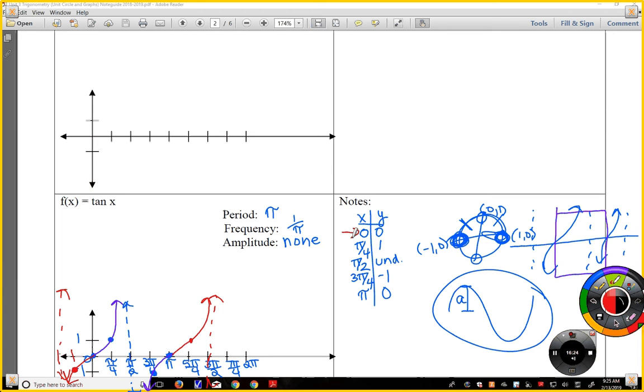After that, I need to know what each individual mark is. So since that's 1, 2, 3, 4 marks over, I want to take this and split it up into fourths so I can understand how much each one is individually. Okay? So you can always mark your period there and then split it up into fourths. We had some other ways that you guys could look at the X values and do it too, but if that's the way that you've been relying on, that will work. Okay. Anybody else still need this screen?